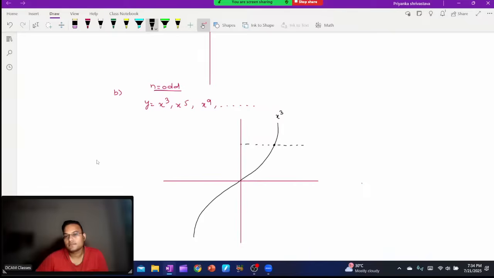No, sir, but when you take the standard values, 1 power 5, 2 power 5, and 3 power 5: for 1 power 5, the value would be 1 again. 2 power 5 would be 32. Then 3 power 5 would be 243. It keeps increasing.